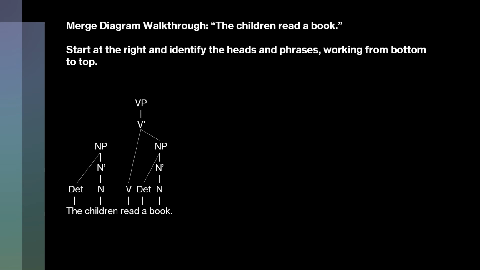Remember that the specifier is not part of the noun head, but if we had a complement of book, it would be part of that noun head because complements are part of the head structure that they complement. Okay? Now, we notice our verb "read," and "read" is obviously going to be our verb head, but "a book" complements "read" by telling us what the children read, right?